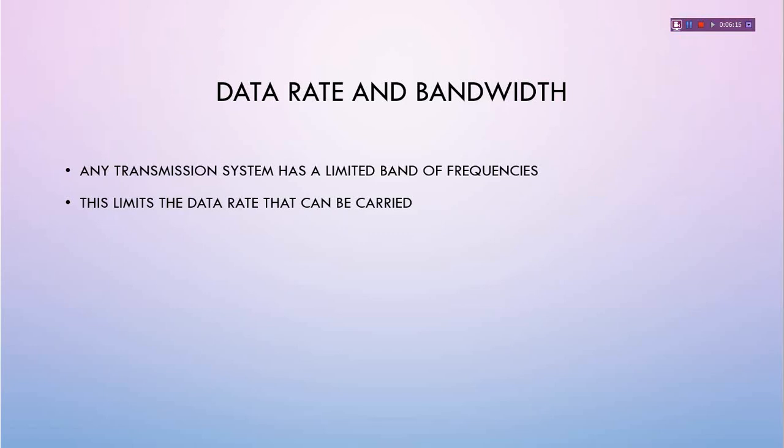Then data rate and bandwidth. Any transmission system has a limited bandwidth, a limited band of frequencies. This limits the data rate that can be carried. Data rate means the data flow per minute or per second.